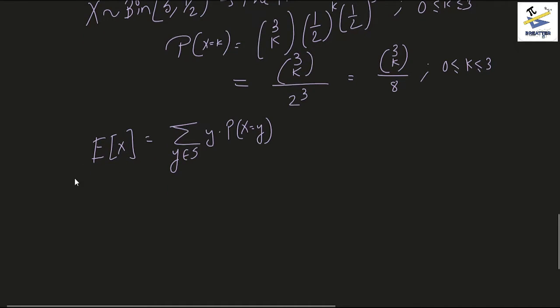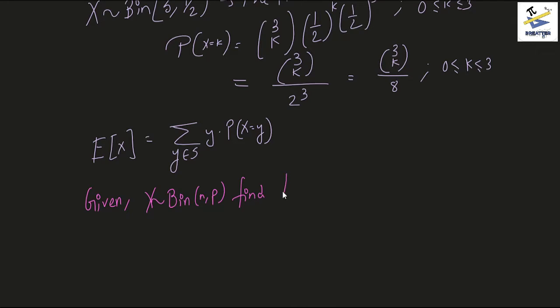So a general distribution would be like this: given x follows binomial of n comma p, find the expected value of x.